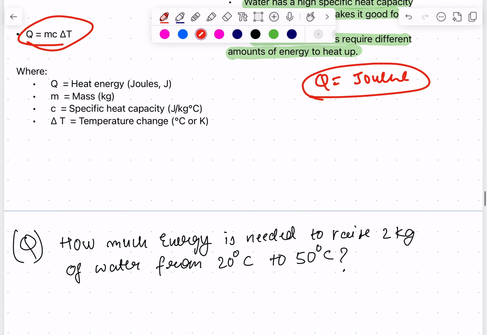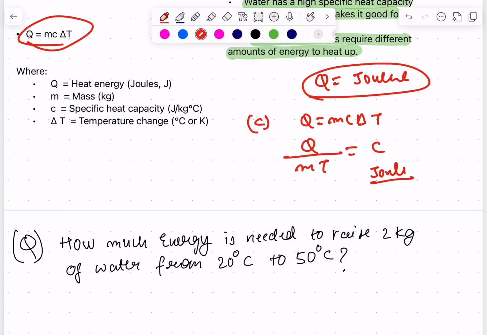But let's find out the derived unit of specific heat capacity. You know the formula is Q is equal to MC delta T, which can be written as Q upon M delta T is equal to C. You know Q is joule, so instead of Q I will be writing joule. Instead of mass I can write kg. Instead of temperature I can write Celsius, or Kelvin, whatever I prefer.